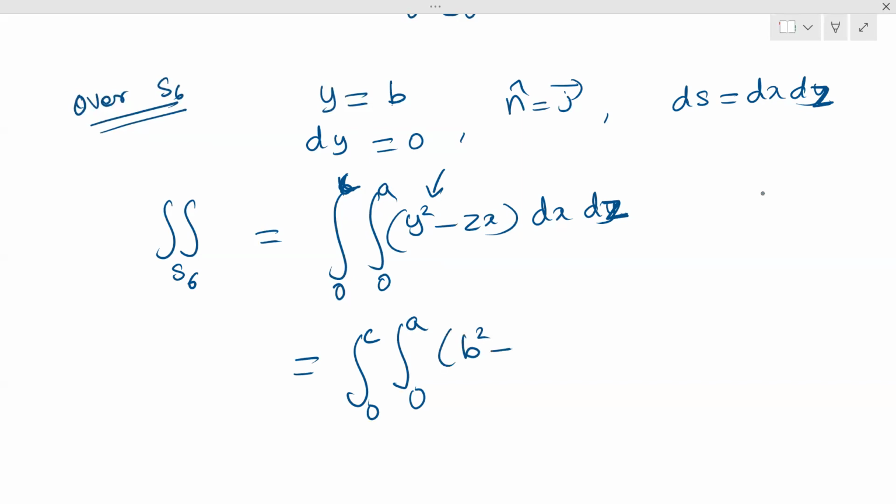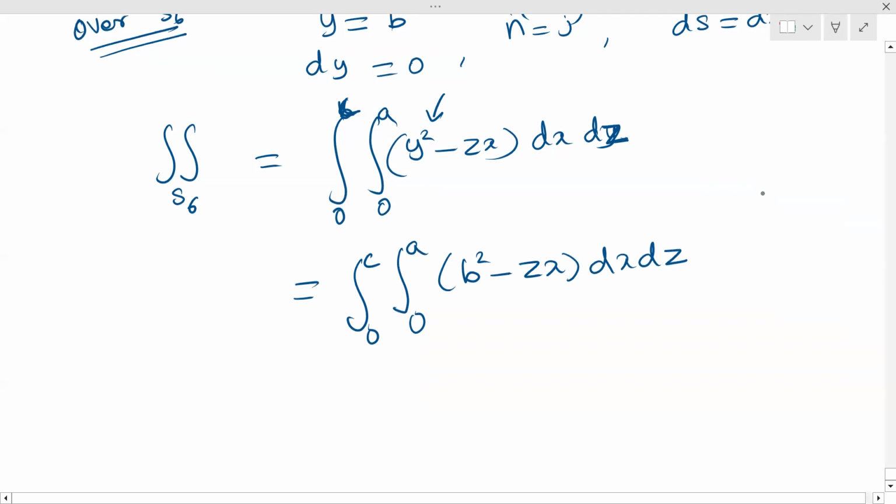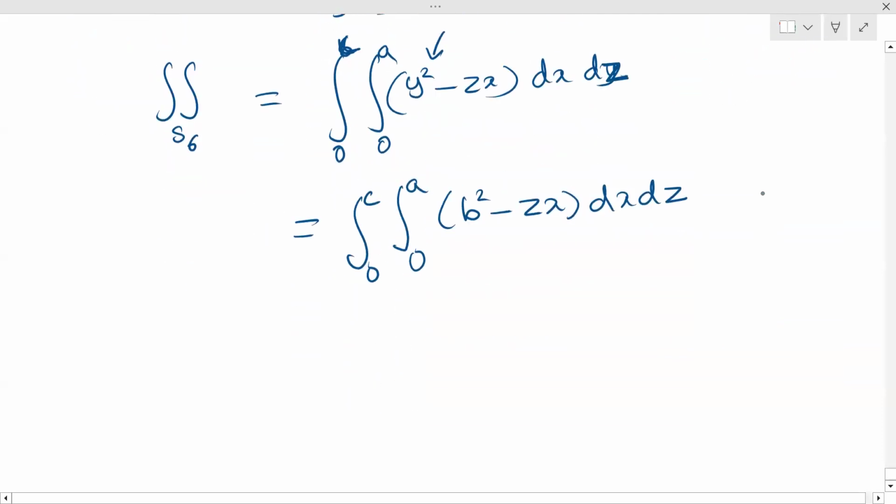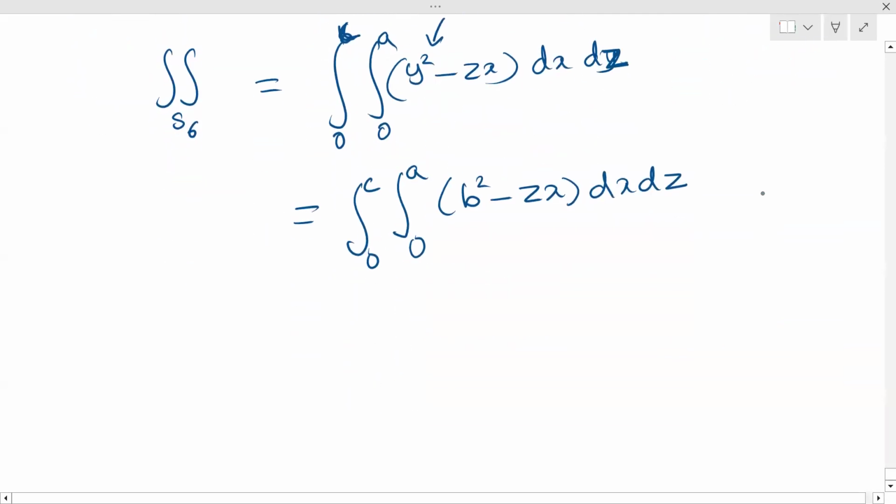So that is b square minus zx dx dz. So when we do the integration, the answer is a b square c minus a square c square upon 4.